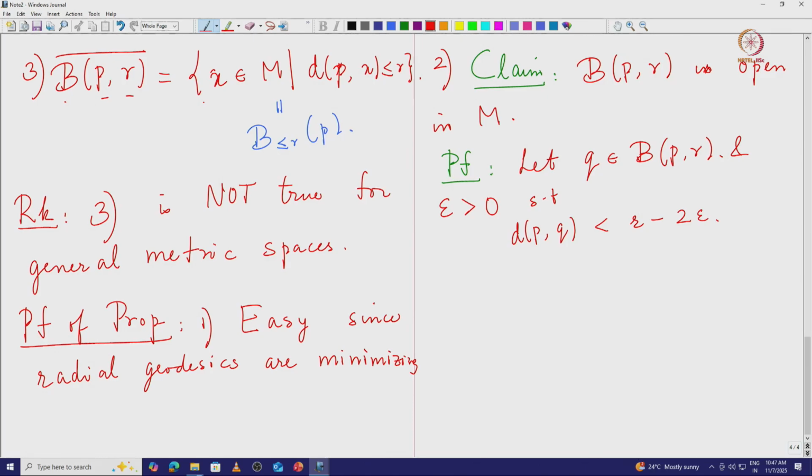We know that the distance between P and Q is strictly less than R, so one can just squeeze in a little epsilon gap between the distance from P to Q and R. But then consider the geodesic ball of radius epsilon around Q. Let X be some point in this geodesic ball.